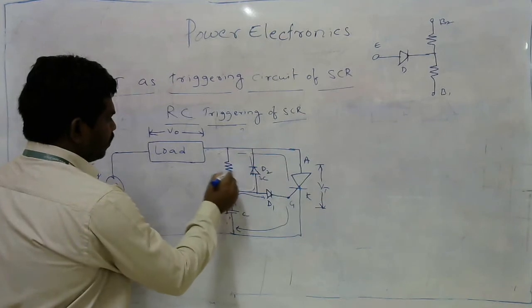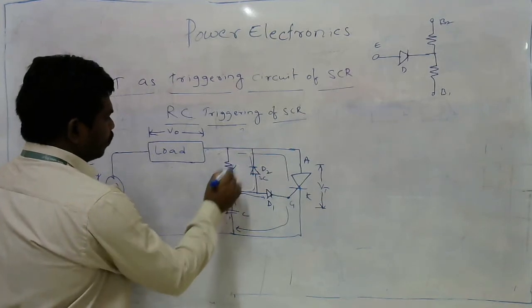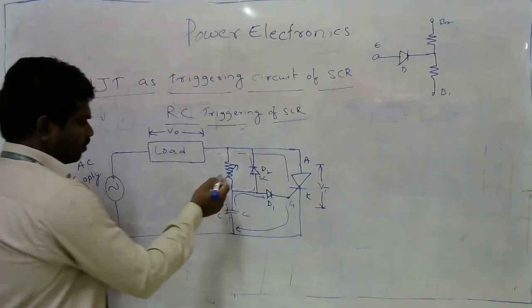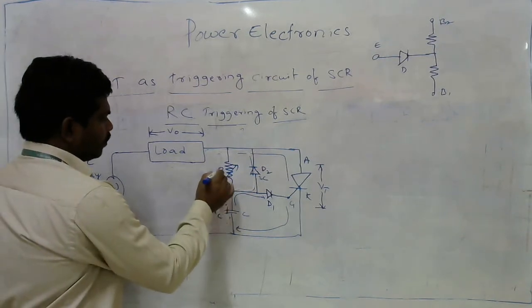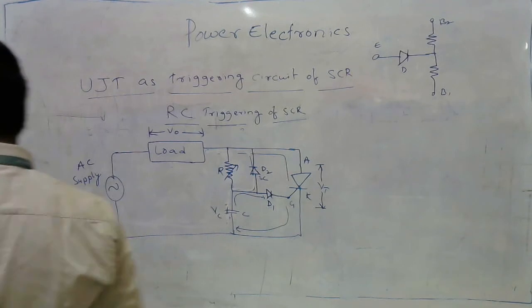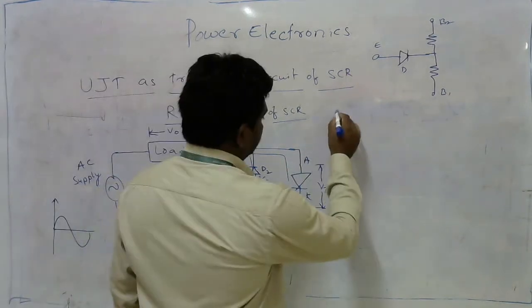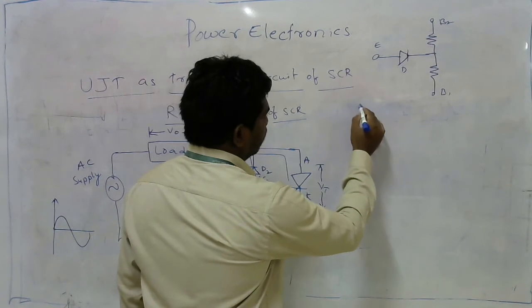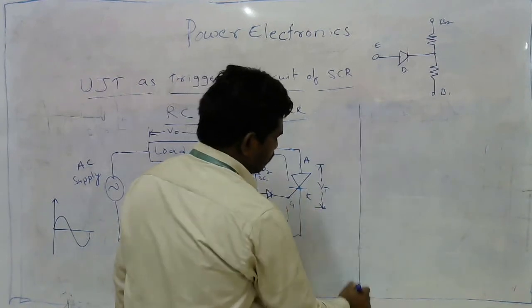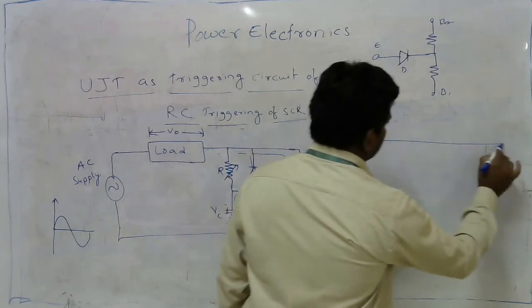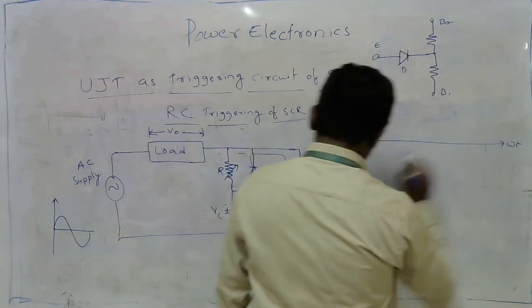Next we'll see the waveforms: how the output current, the output voltage across the device and the input voltage are available. This is my R. Next we'll draw the characteristics, the waveforms over here. I'm taking waveforms here. This is my x-axis, omega t.